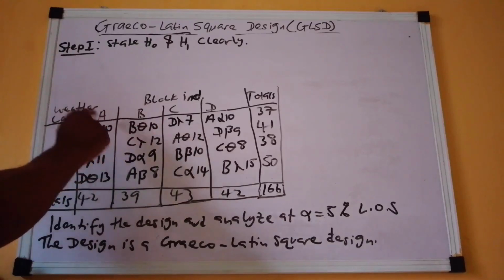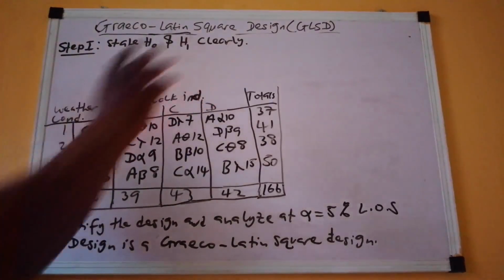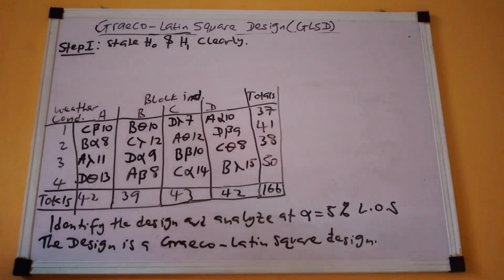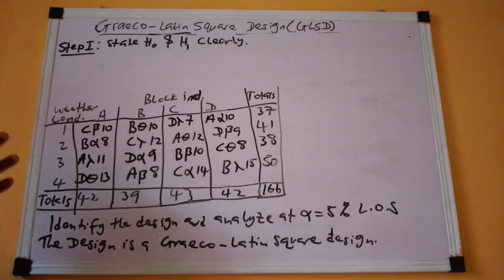We have 4 of them, A, B, C, D. So the hypothesis will be, there is no significant difference between the block industries, A, B, C, D. Then the H1, the alternative hypothesis, will be, there is significant difference between the 4 block industries. Then the third hypothesis is for the Latin letters. The Latin letters are the products from the IUP company.